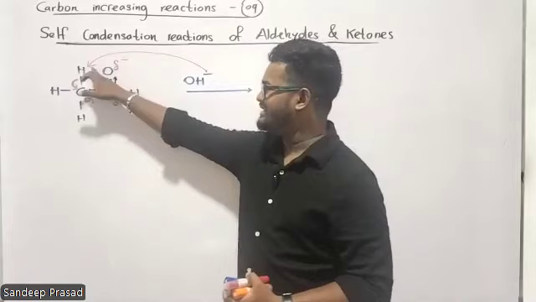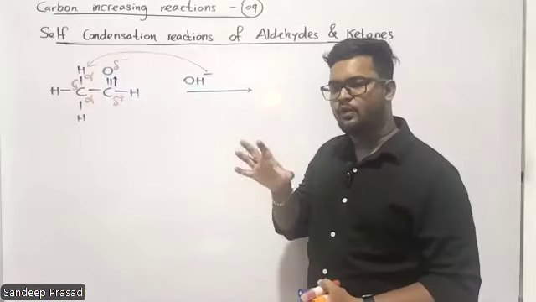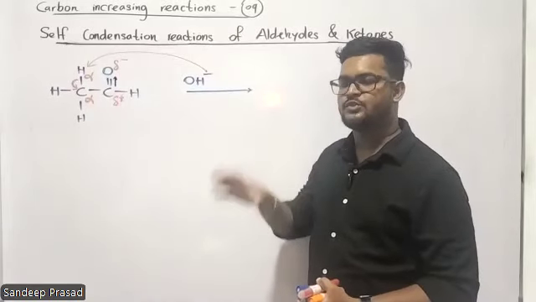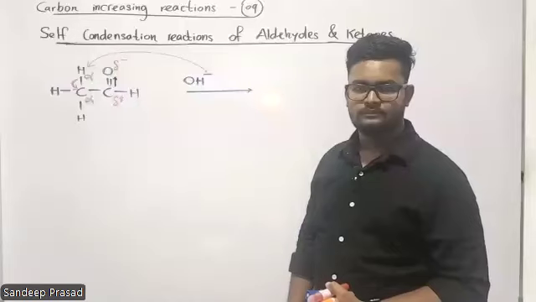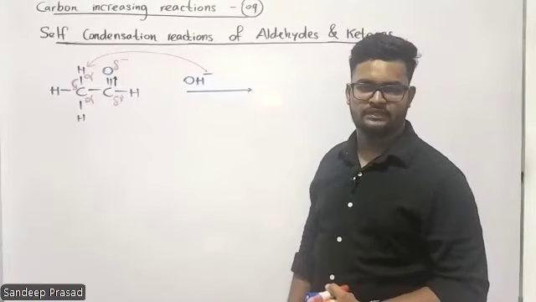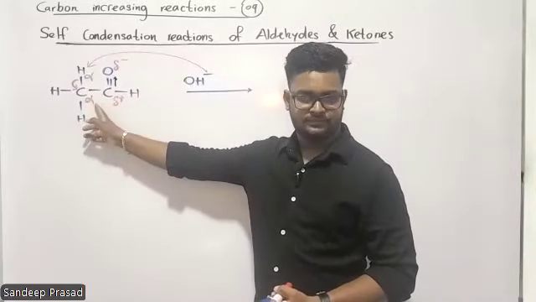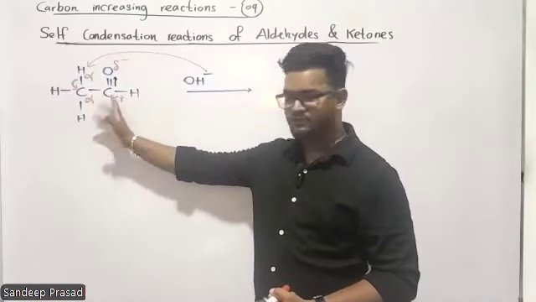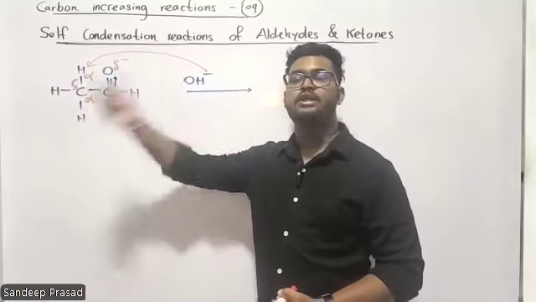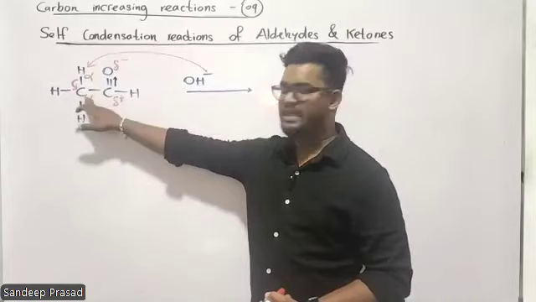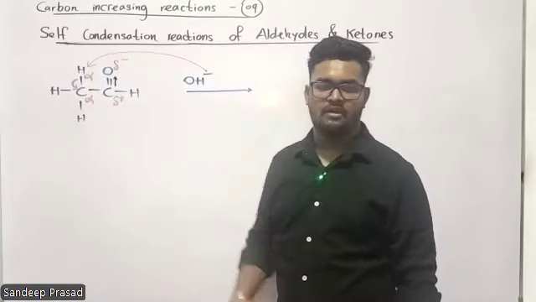Then this hydrogen is taken by OH minus from the medium, because in order to do the self-condensation reactions, we are adding diluted aqueous sodium hydroxide. This is known as alpha carbon. So always remember, the next carbon atom to the carbonyl carbon is known as alpha carbon. Always hydrogens are eliminated from this alpha carbon.